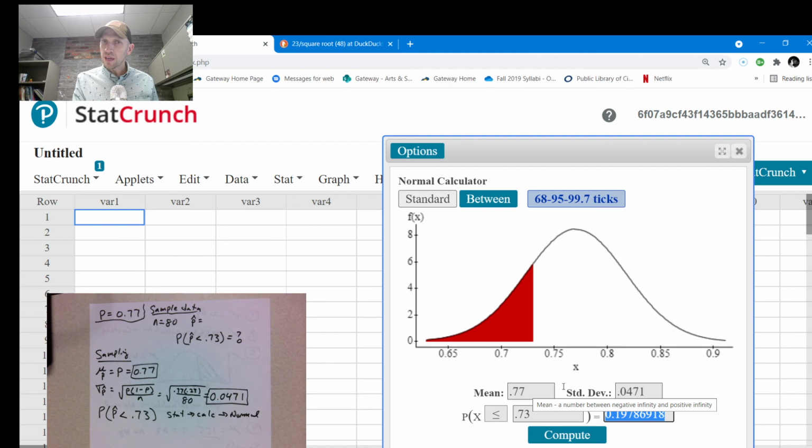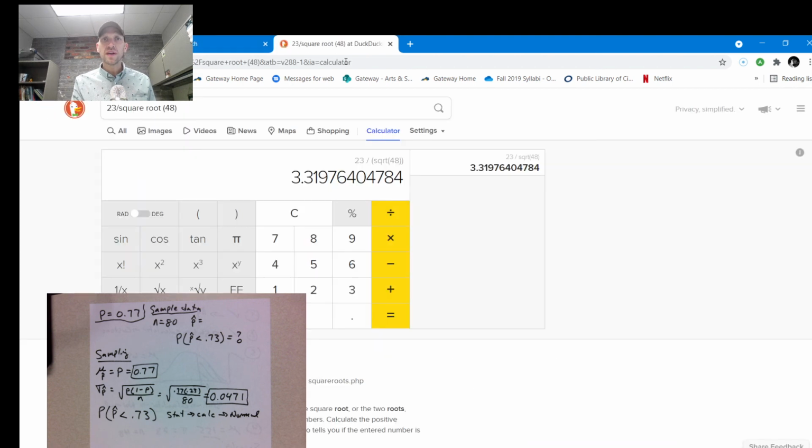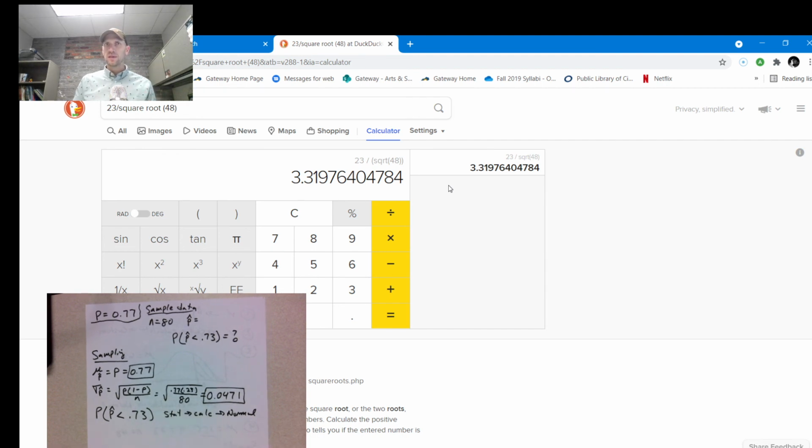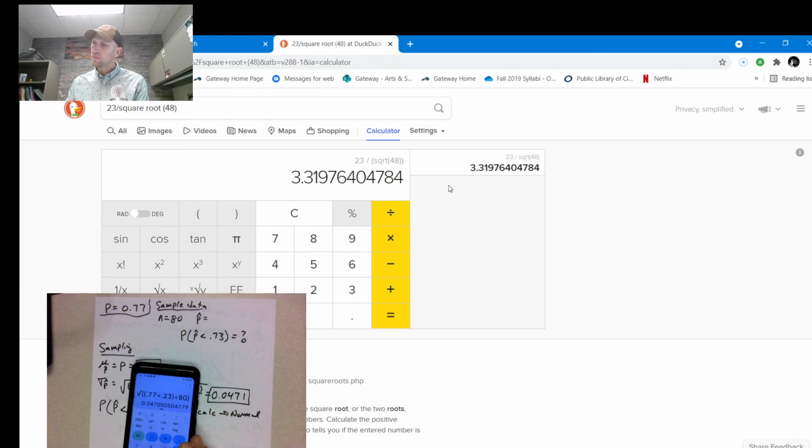0.77 is the mean. 0.0471 is the standard deviation. The probability that it's less than 0.73. There it is. I forgot to divide it by 80 in my calculator, didn't I? Or did I? No, I didn't.